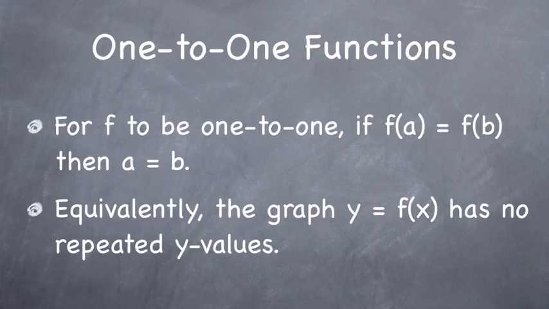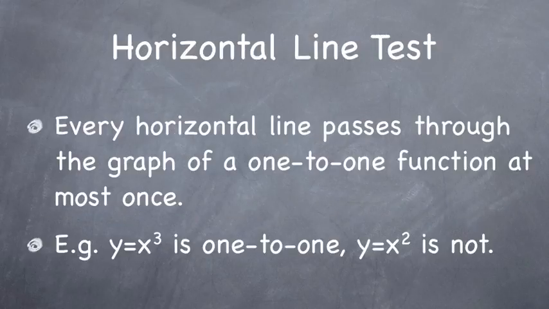If you recall, the graph of a function will not repeat any x values. The graph of a one-to-one function, in addition to not repeating any x values, will also not repeat any y values. Much in the same way that we had the vertical line test to help us determine if the graph of a relation was a function, we have a similar test to determine if the graph of a function is a one-to-one function.